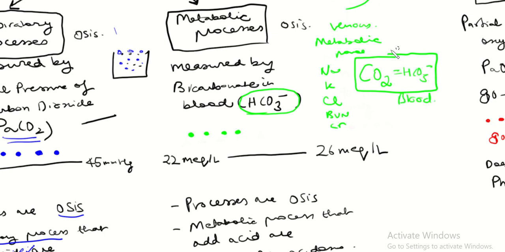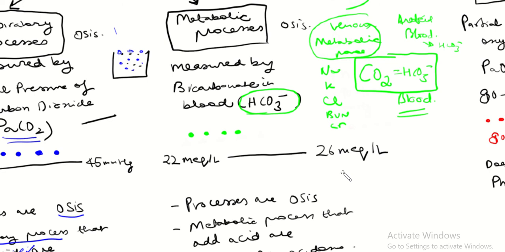You can measure this through the arterial blood gas. You just get blood on the arterial side, or you can get blood on the venous side. When you get blood on the arterial side, you say, this is my bicarbonate. When you get blood on the venous side, you look at CO2, and that gives you the bicarbonate in the blood. Normal level is 22 to 26 milliequivalents per liter. Remember we went through pH and normal pH, and PaCO2 and its normal range.